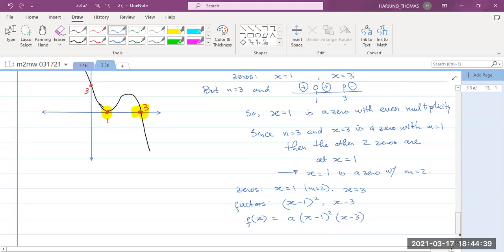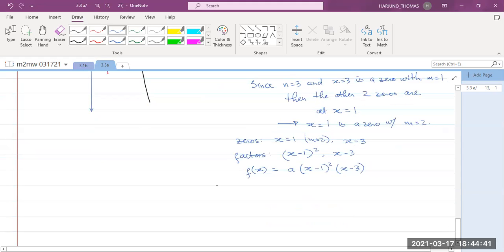Now, we know that the y-intercept is (0, 3). Therefore, f(0) is equal to 3, and at the same time equals a times... hold on.